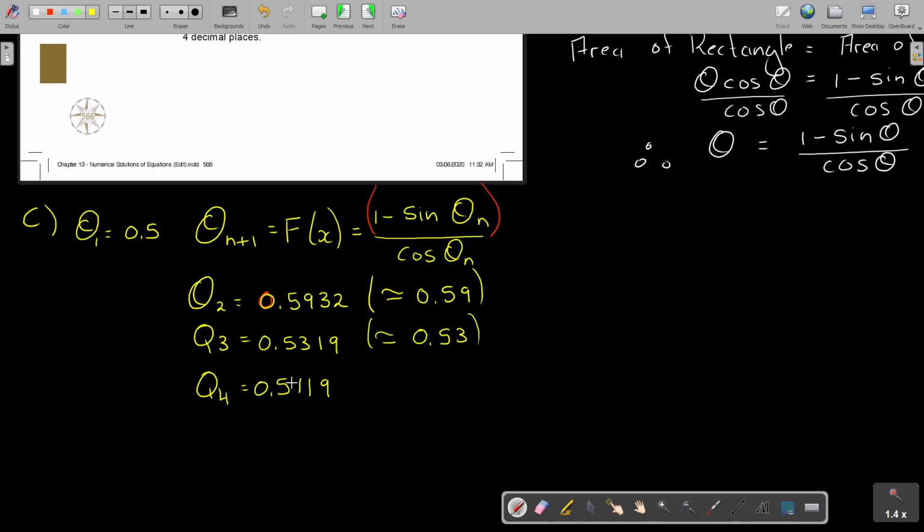Oh, that 7 didn't come out. Nice. And if I approximate it, it's 0.57. And if I do this one, equals 0.5456, and if I approximate it, 0.55.